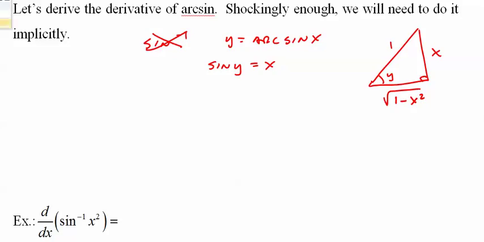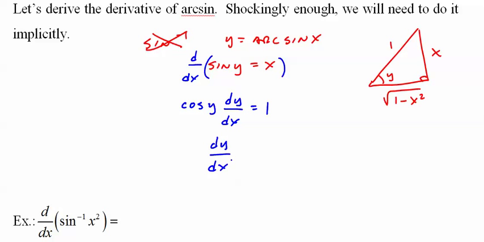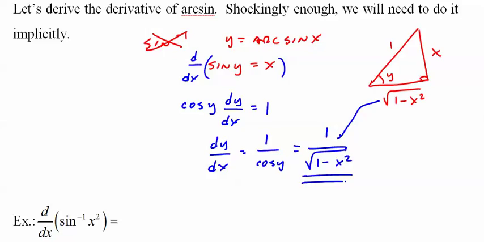We do this implicitly, so d dx is cosine of y dy dx equals 1. dy dx equals 1 over cosine of y, which according to this is 1 over square root of 1 minus x squared. You still have to watch out for the chain rule.